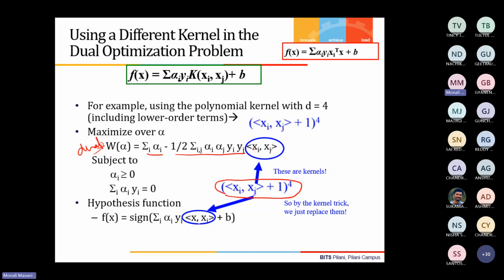In short, you can also write this as the original xi xj will be replaced by the kernel function, which is nothing but performing a dot product in a high dimensional space. And in this case, we have used a polynomial function of degree 4. This way, you can always replace the original xi transpose x by the kernel function involving xi and xj.